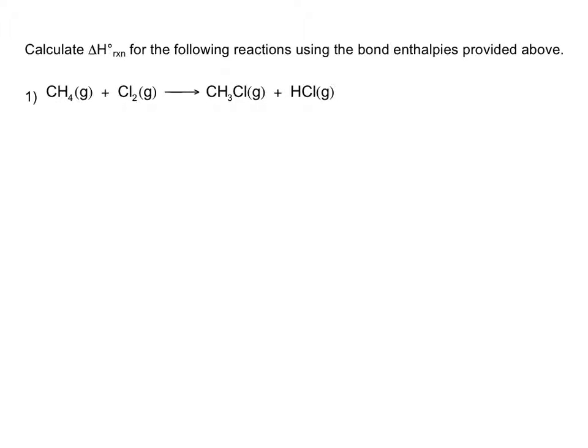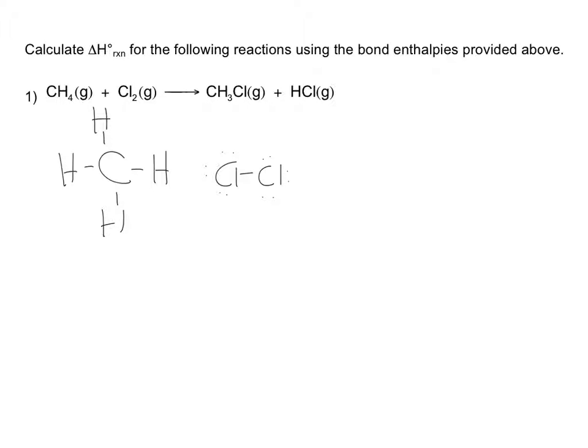For CH4, carbon is going to go in the middle, and then we have 4 hydrogens around it. And then for Cl2, it's just going to be Cl and Cl, and there'll be non-bonding electrons around.